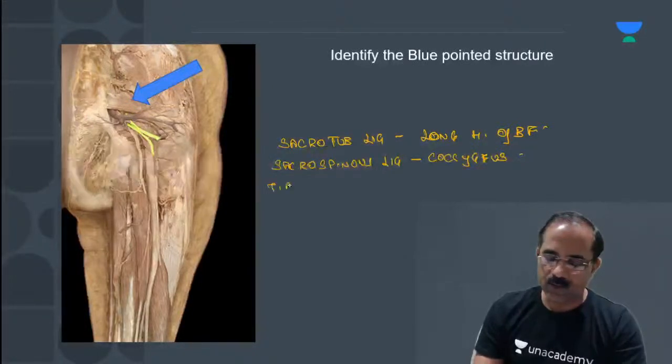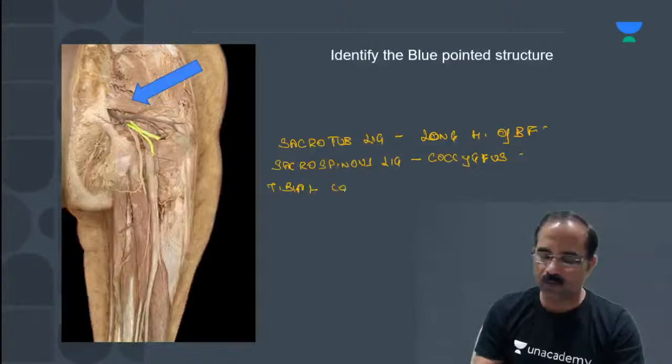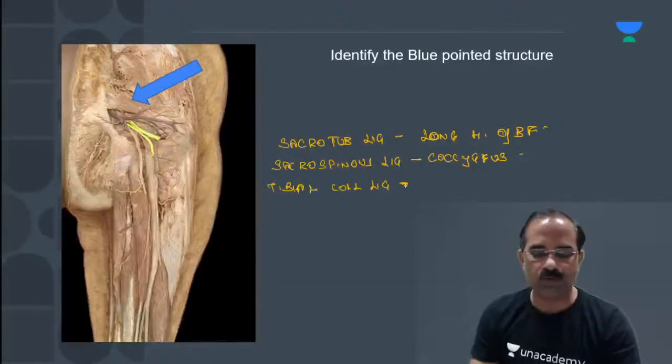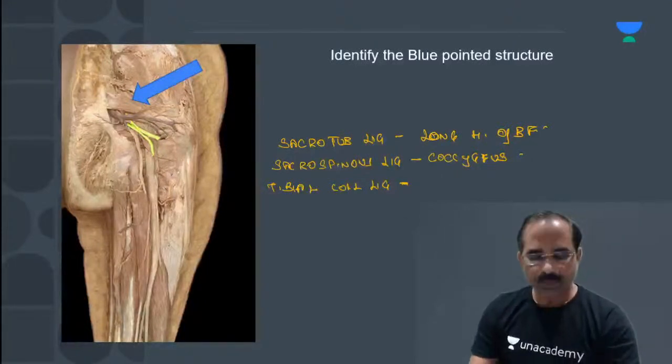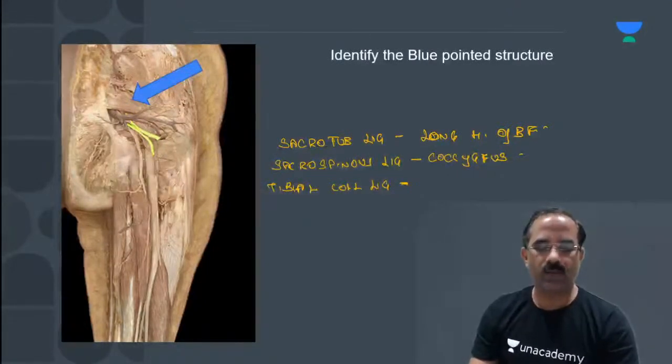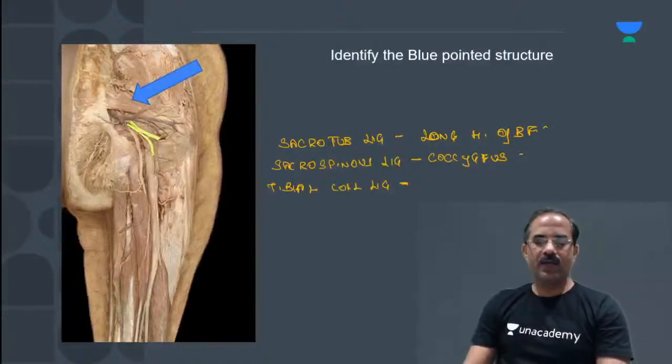Then I'll add this also. The tibial collateral ligament, or medial collateral ligament, is a degenerated part of what? Come on, students, I'm waiting for your answer.